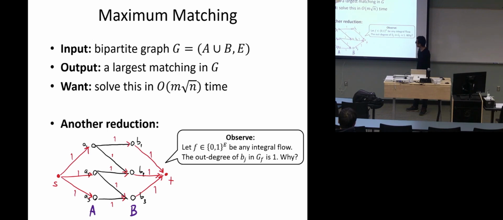Always. Why is that? Initially, before you have any flow, the out degree is 1, just from this picture. But why is it the case that for any residual graph, the out degree of B must be 1?